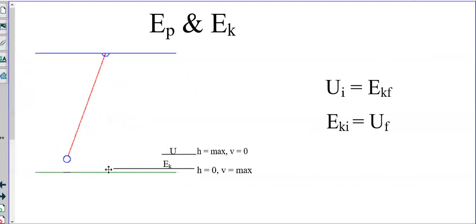So it's constantly changing its energy from gravitational potential energy to kinetic energy and back, again and again. At its highest points, where it stops completely, all you have is gravitational potential energy.